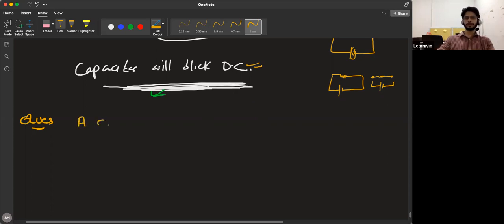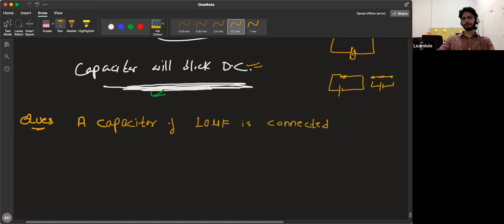A capacitor of, let's say, 10 microfarad is connected to an AC supply.